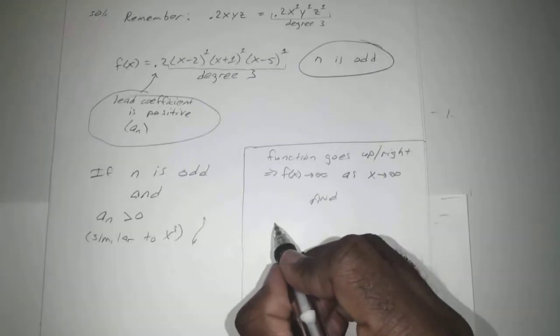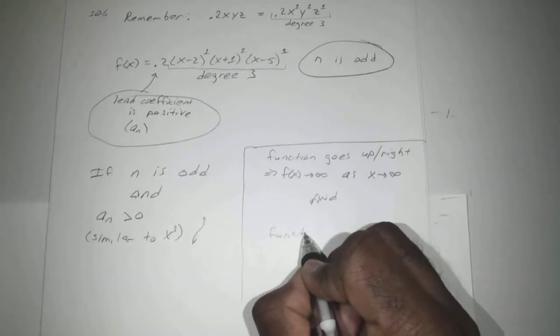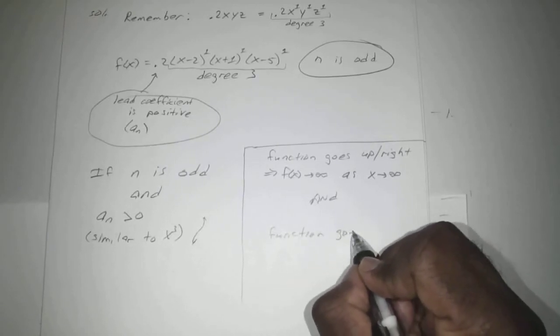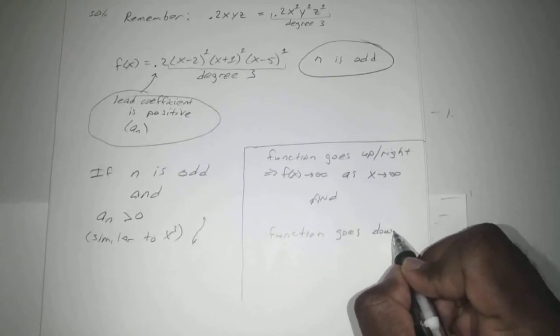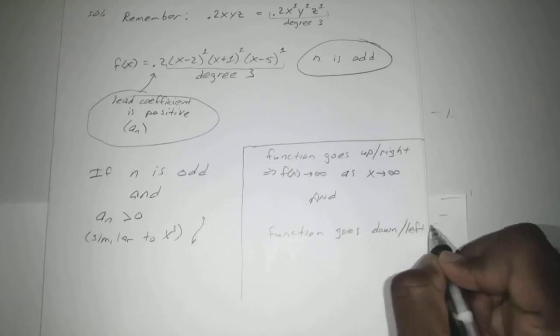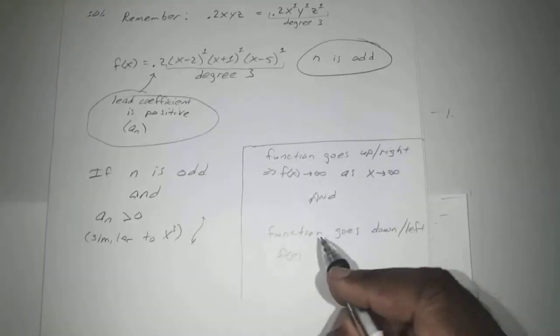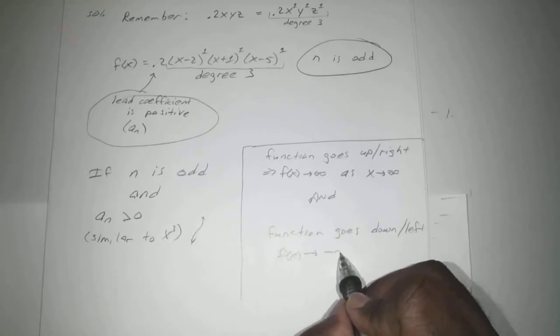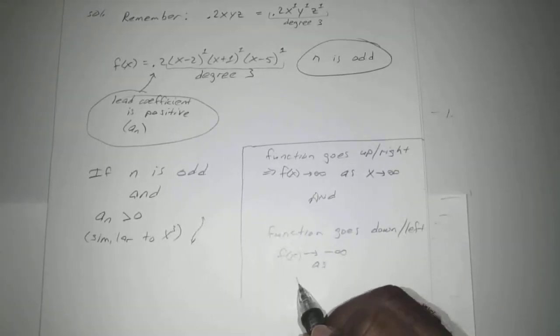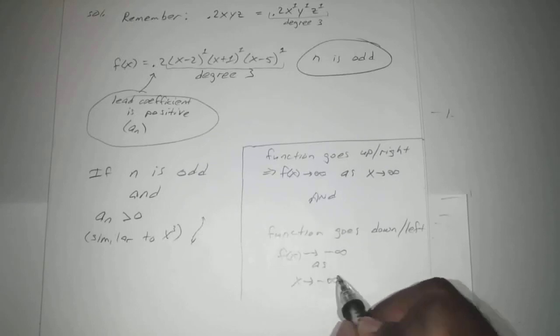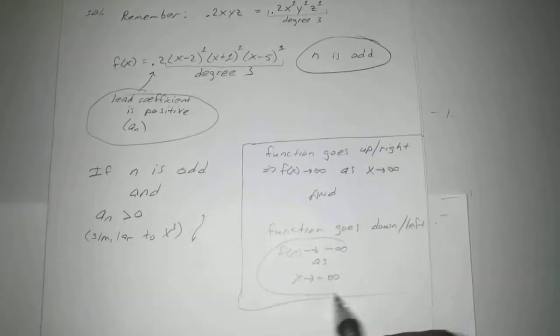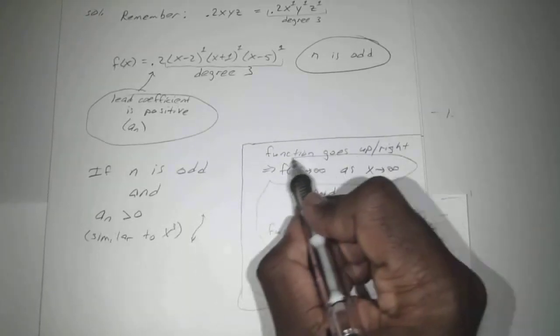And we know that the function goes down and to the left, which is just a fancy way of saying f of x approaches negative infinity as x approaches negative infinity. Okay, so those would be your two endpoint behaviors.